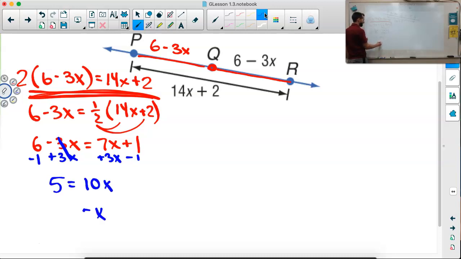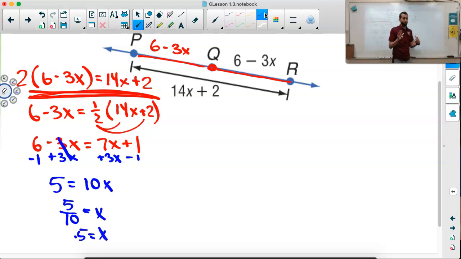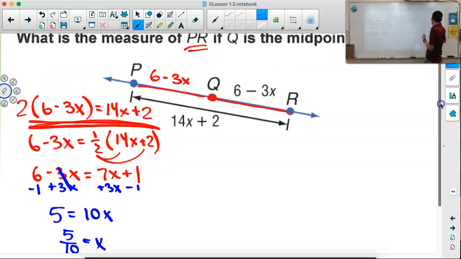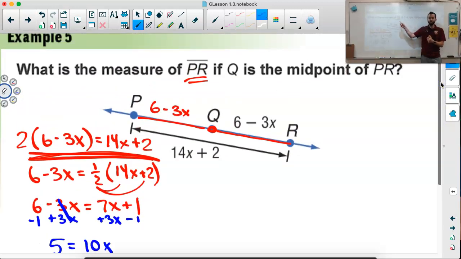So x equals 5 divided by 10, or 1/2, 0.5. Okay. And I want to be careful, right? Really important. We are paying attention, and we're recognizing that I'm not going to put x as the answer, because that's not what they asked for. They asked for PR, and PR is this entire thing.